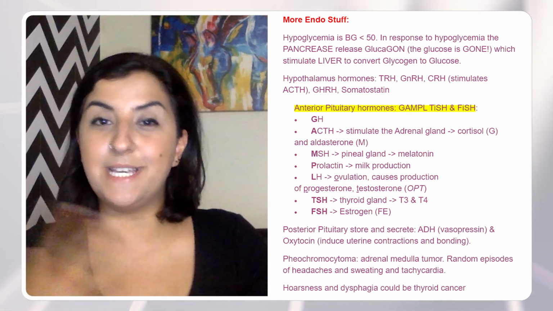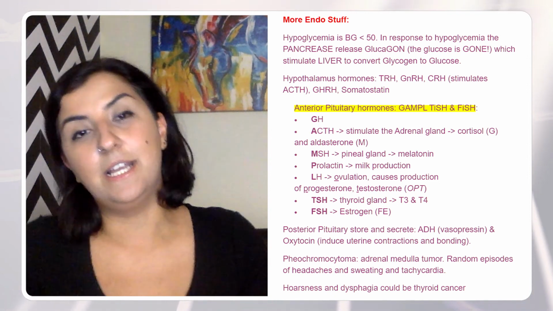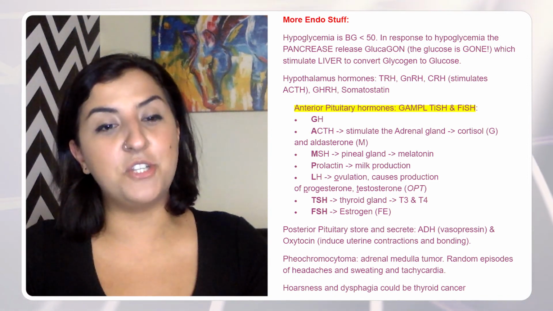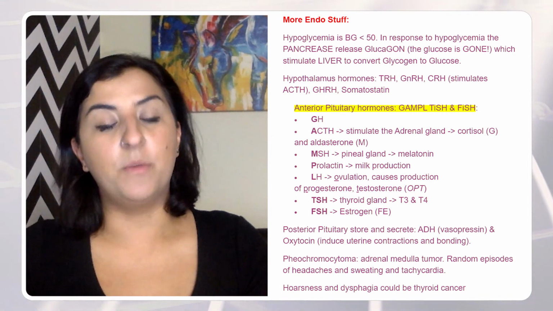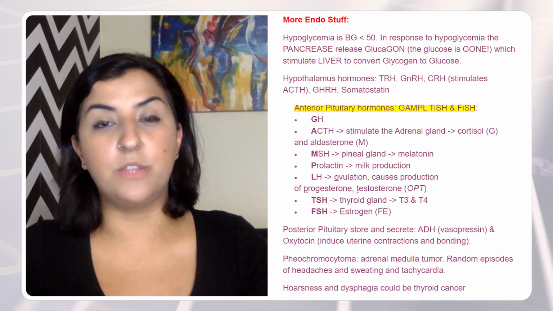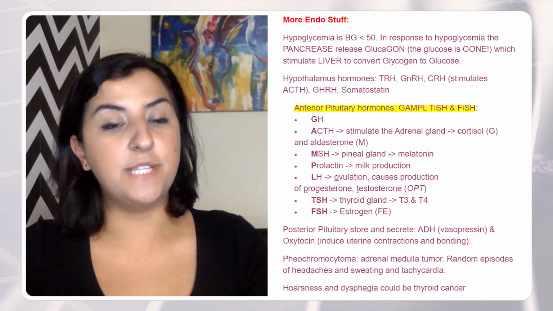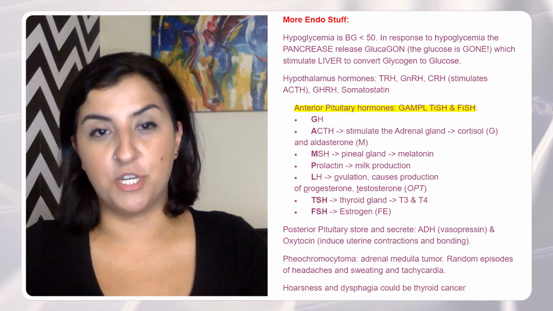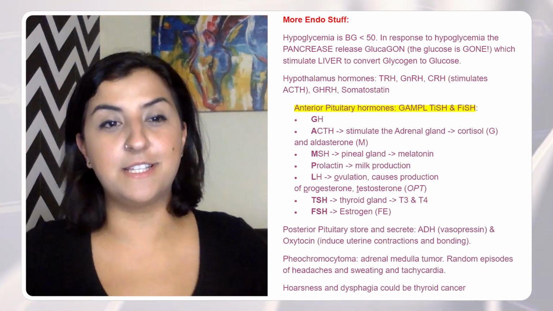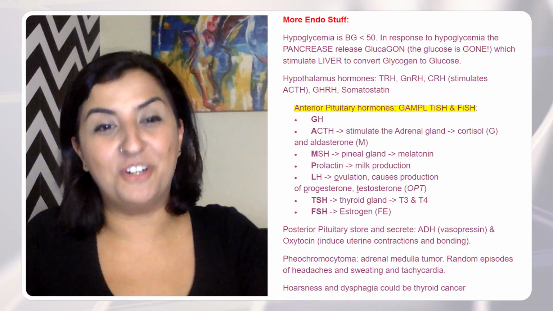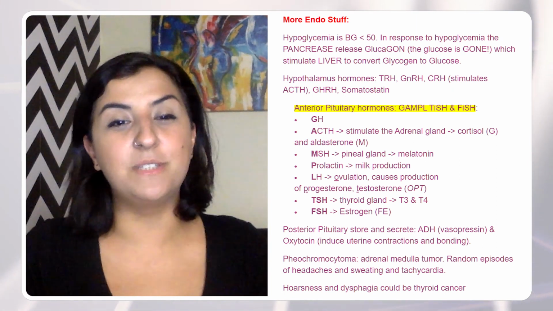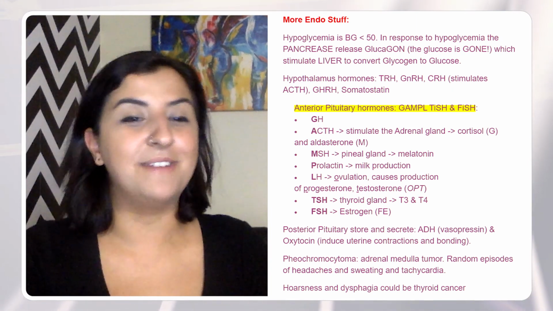Well, that's just your TSH and FSH, that's it. TSH works on your thyroid gland to produce T3 and T4, and FSH works to produce estrogen. And that's it, guys. This is my best mnemonic ever. Gampol, Tish, and Fish. Okay.